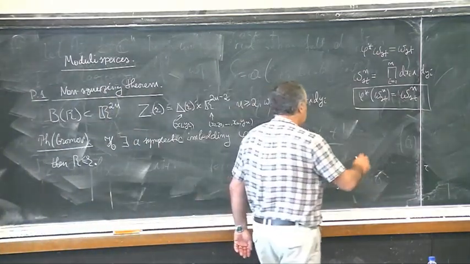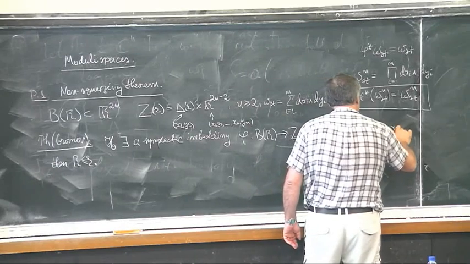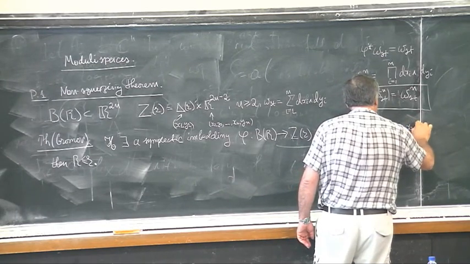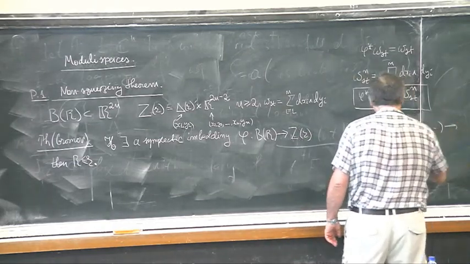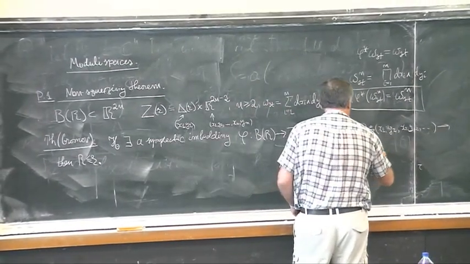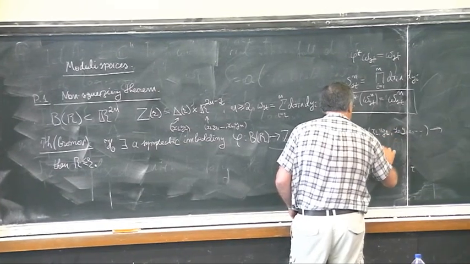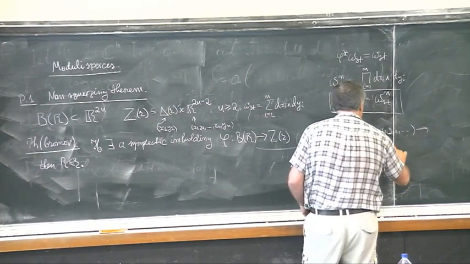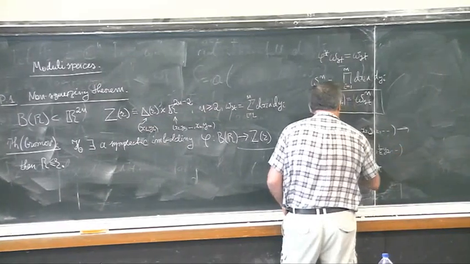For example, you can take a map which sends x1, y1, x2, y2, and so on to epsilon x1, epsilon y1, and then 1 over epsilon x2, 1 over epsilon y2, the rest you don't change.